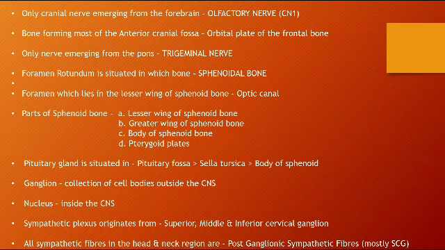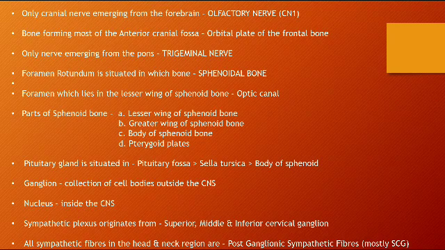Now, if an MCQ asks where the pituitary gland is situated, and suppose there are three options, and maybe a fourth that is none of the above or all of the above, whatever it is. If these three, pituitary fossa, sella turcica, and body of sphenoid, are all present, how will you choose the answer?